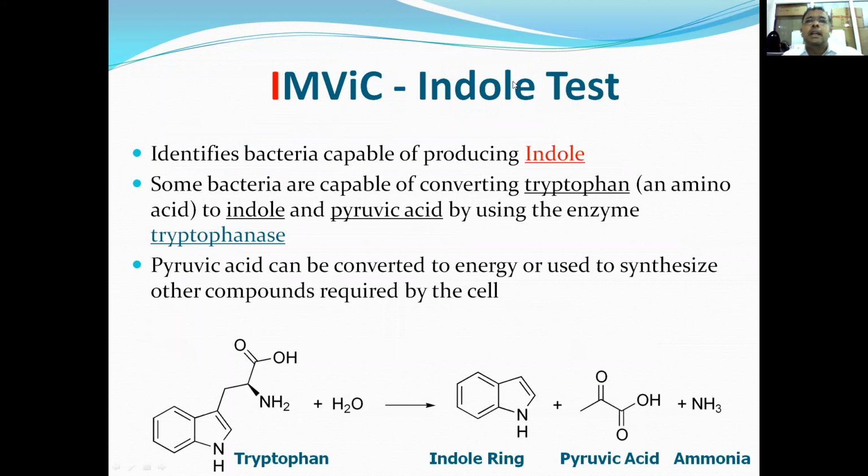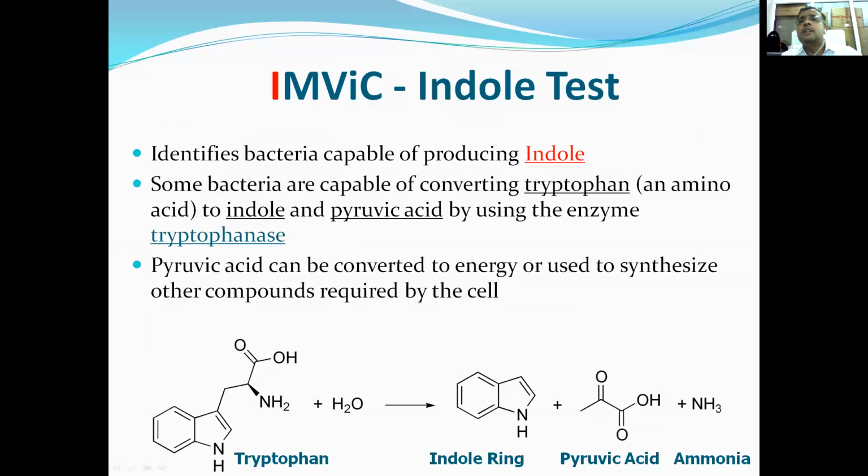There are some bacteria which can produce indole. Tryptophan is an amino acid, and when bacteria are capable of utilizing tryptophan, they convert it into indole along with pyruvic acid and ammonia.